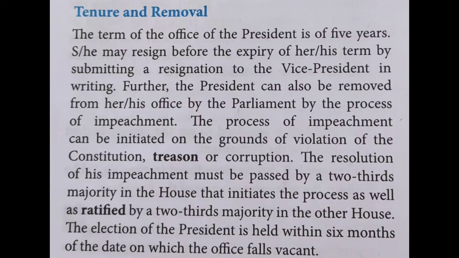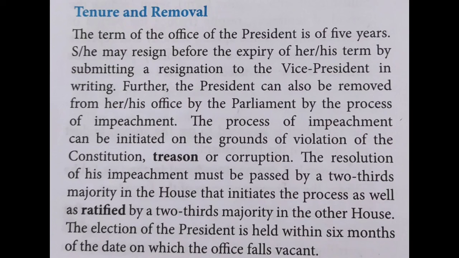A resolution must be passed by a two-third majority in the House that initiates the process, as well as ratified by a two-third majority in the other House. In this way he may be removed. The election of the President is held within 6 months of the date on which the office falls vacant. So this is all about tenure and removal.